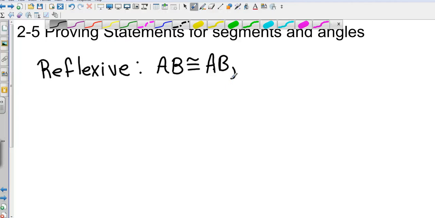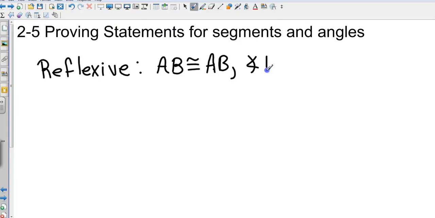And for angles, it would also be the same. We could say angle BCA would be congruent to itself. Okay, so AB congruent to AB and BCA congruent to BCA.